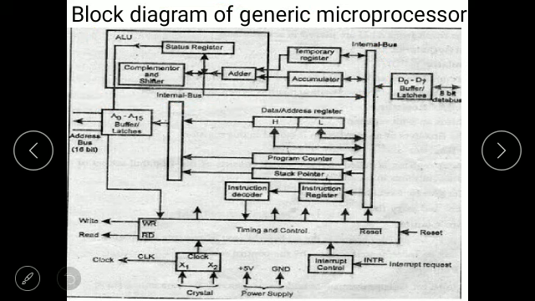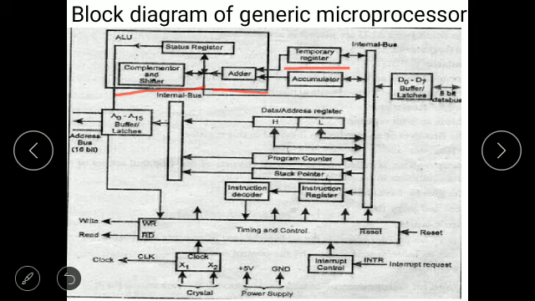In ALU there is an adder. Adder is used to perform addition, subtraction, increment and decrement of two numbers. Then complementer or shifter performs rotate left and rotate right operations. Then temporary register, which is used to store data temporarily during the execution of a program.